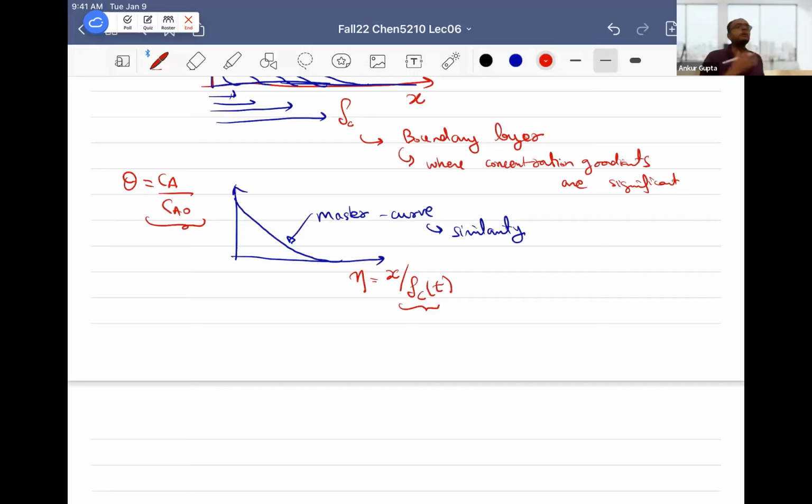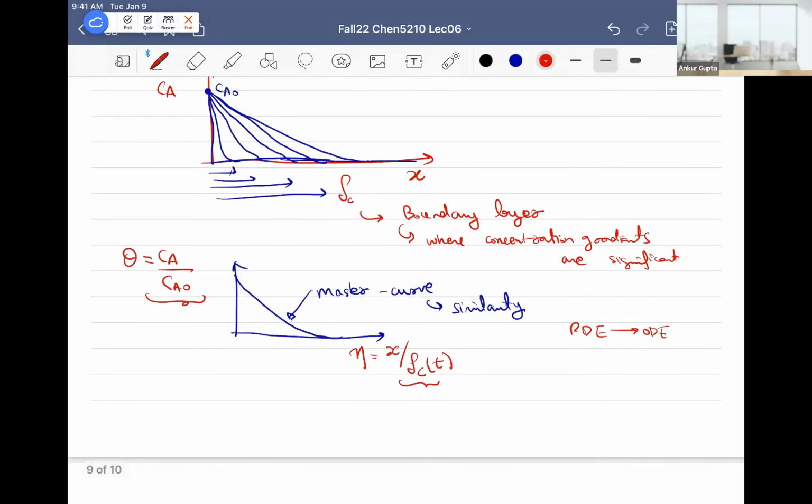Okay. So this is a proposition. This is not to say this will always work. What you're trying to do is convert a PDE into an ODE. So I have so many curves of CA going with X at different times, but I want to convert from C of X comma T to a function of theta, so that I just get one curve.